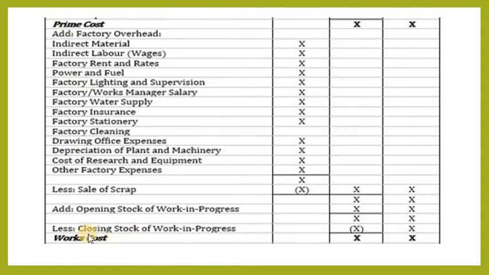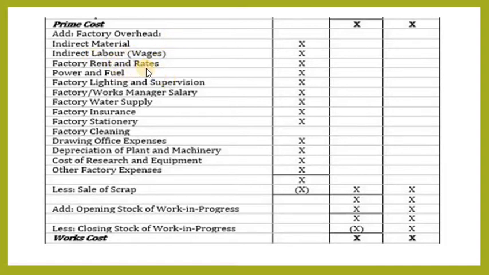Next, calculation of work cost. How do we calculate the work cost? Work cost equals prime cost, which we calculated in the previous slide, plus factory overheads. What are the factory overheads? Indirect material, which is not directly included in production, and indirect labor or wages, also not directly included.